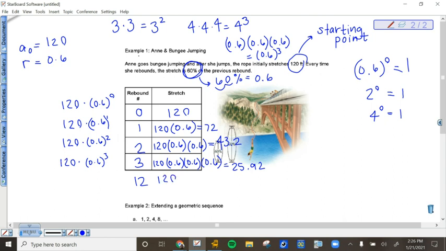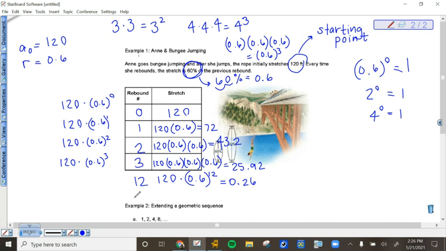It was 120 times 0.6 to the 12th, which comes out to be only 0.26. So after she's bounced back 12 times, at that 12th rebound, she'll only drop down like 3 inches. She's hardly moving anymore at all.